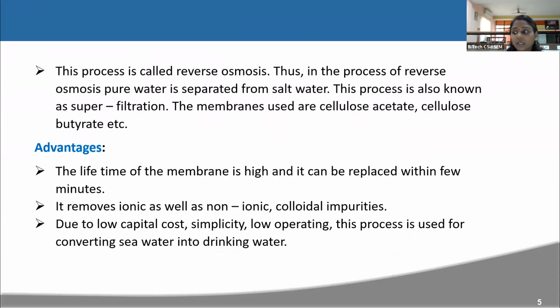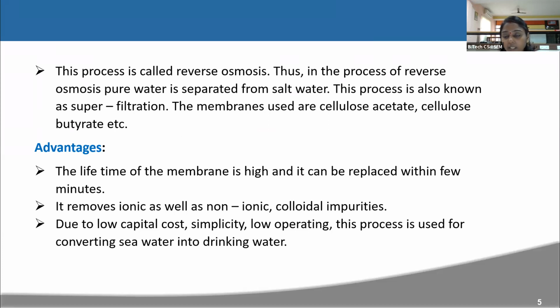Already you know the advantages and disadvantages also. What are the advantages? The process is simple, cheap and reliable. It not only removes the ionic salts but also the non-ionic colloidal matter and high molecular weight organic matter. It allows the solvent only.